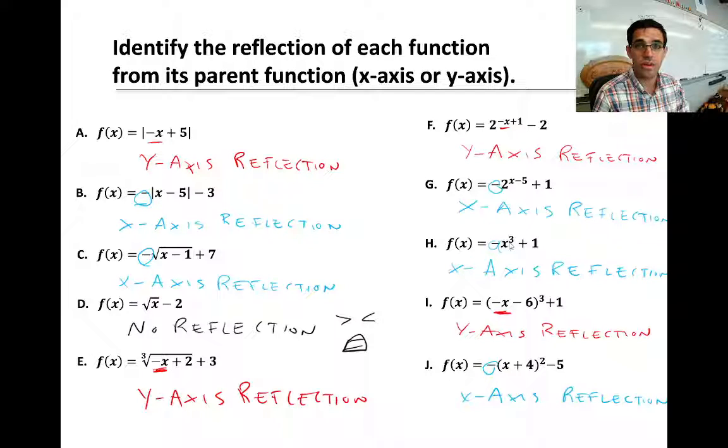So order of operations dictates we need to deal with the exponent of 3 before we concern ourselves with the negative sign. So basically, this x input is going to be multiplied by itself 3 times. And then whatever that answer is, we tack a negative sign on afterwards. So it's almost like there's invisible brackets around the x itself. And so as such, this would actually result in an x-axis reflection.